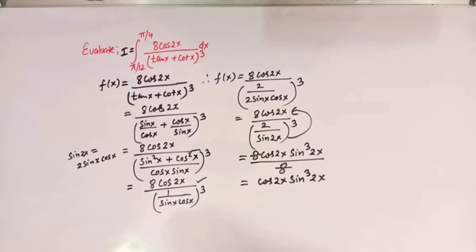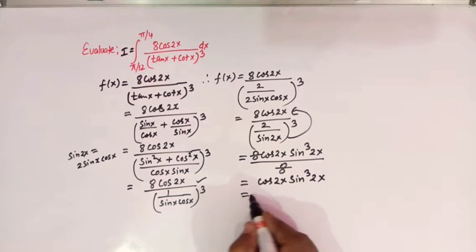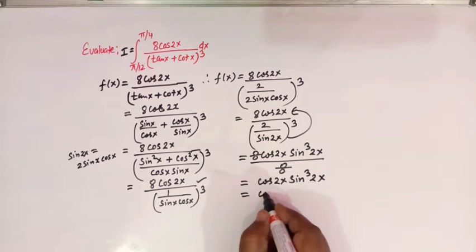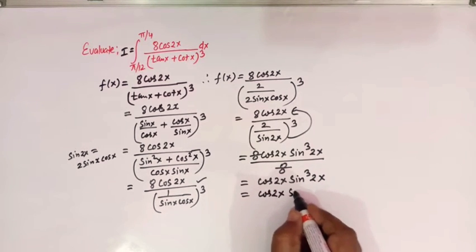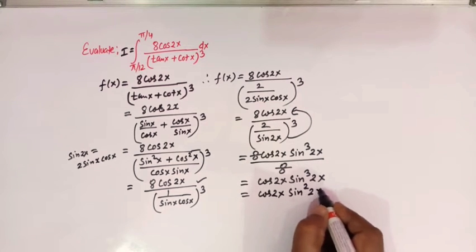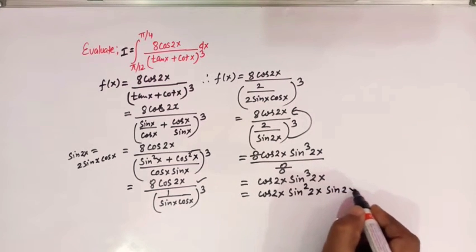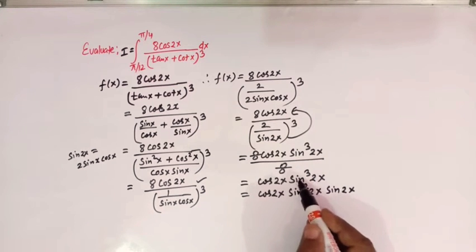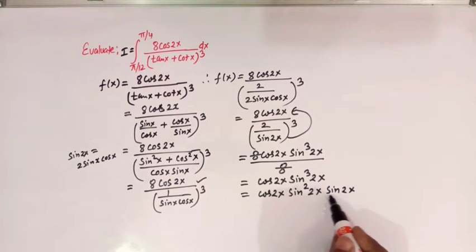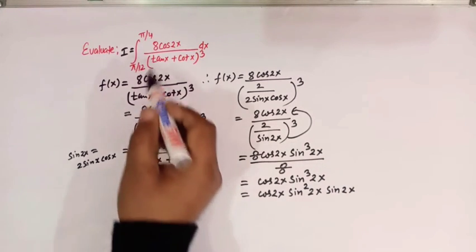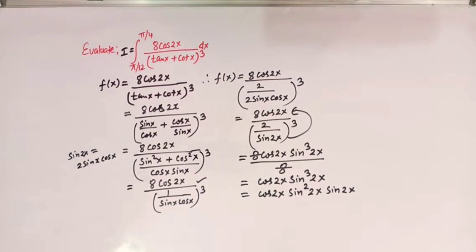Now we can further write it as cos 2x, sin square 2x and sin 2x. So we are splitting this sin cube 2x into two parts, one is sin square and the other is sin. This has a special purpose, because when we put this integrand in the integral, we can make the appropriate substitution.